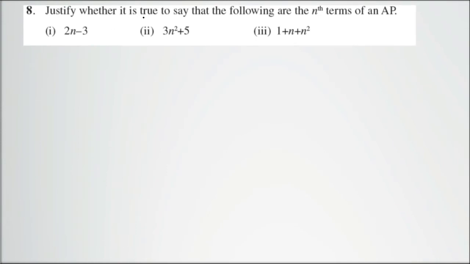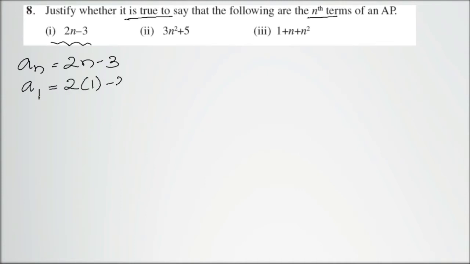Justify whether it is true to say that the following are the nth term of an arithmetic progression. First one is 2n minus 3. If I consider an as 2n minus 3, the first term a1 will be 2 times 1 minus 3, which will become -1.